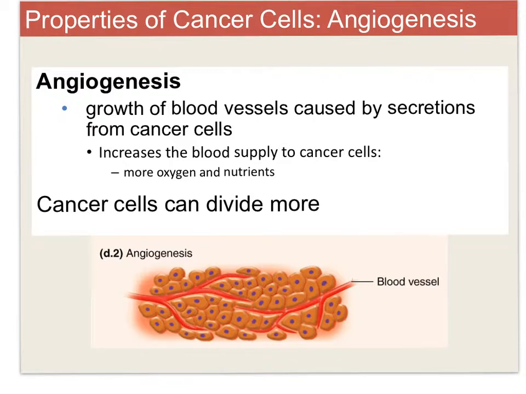In fact, some of the drugs used to treat cancer are to stop angiogenesis from happening, because for the most part, the body's already got all its circulatory system working. And so the only cells that are going to be needing extra blood and oxygen are going to be cancer. So that's one of the ways that we treat some cancer cells.